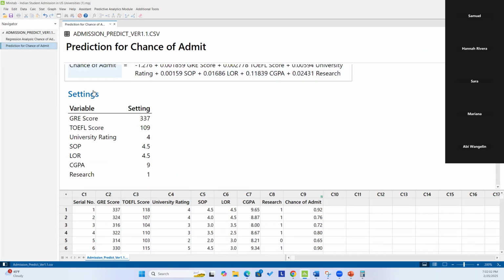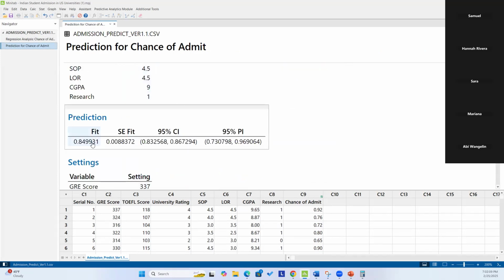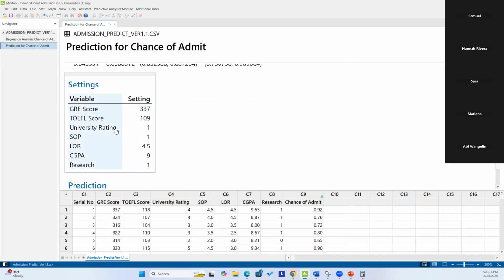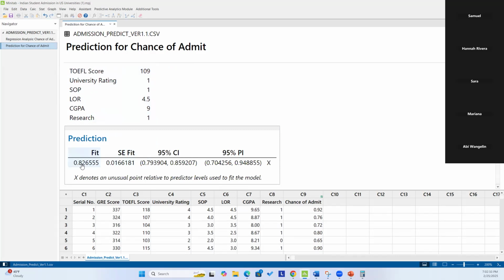So here in the first case, where you have the highest university rating and the highest statement of purpose, the chance of admission is about 84% or 85%. Now here, when you have almost the lowest values, whatever university rating you put, or you don't put the statement of purpose, or you can write anything in it, you have the least value, and here you have almost 82 or 83%.